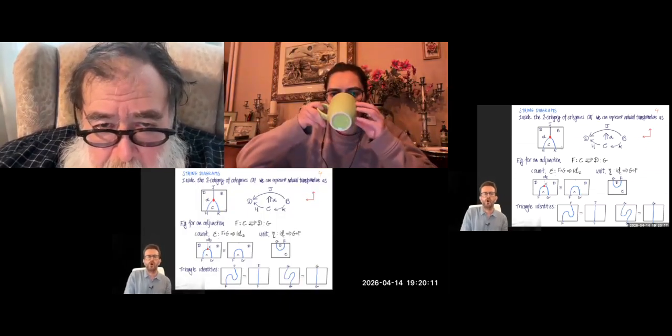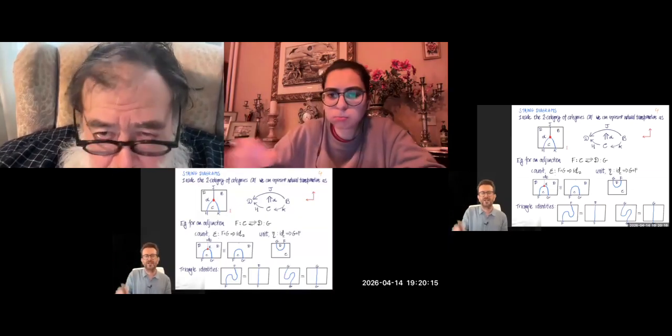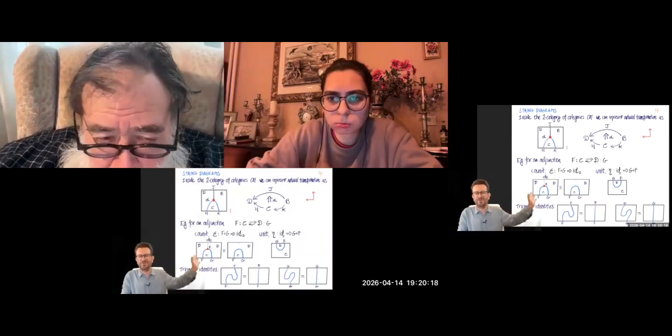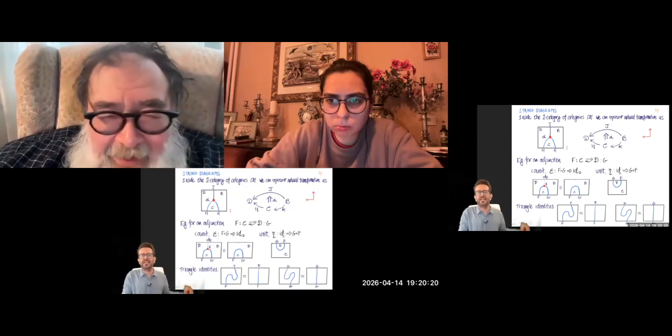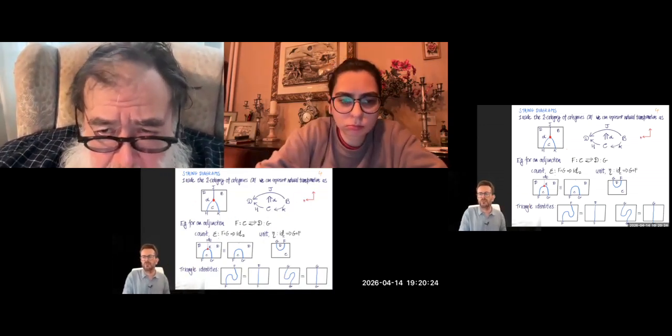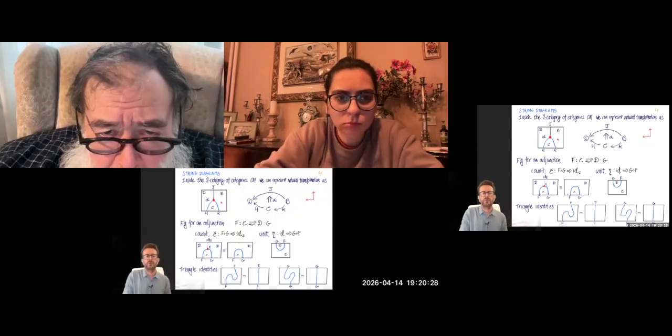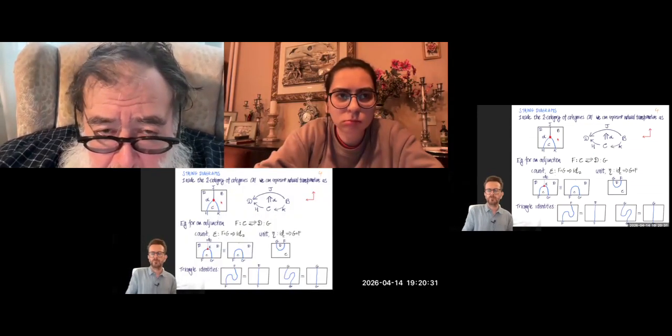I'm going from the right side into the other side, from bottom to top. That's my convention for sides. Okay, so any natural transformation I can represent in this string diagram way.